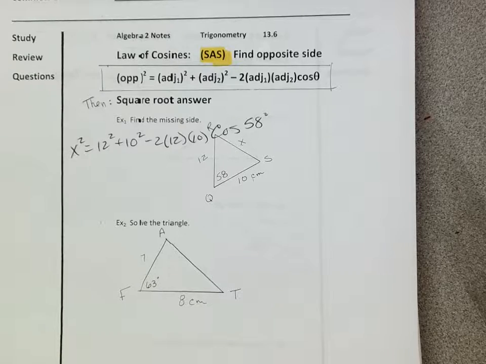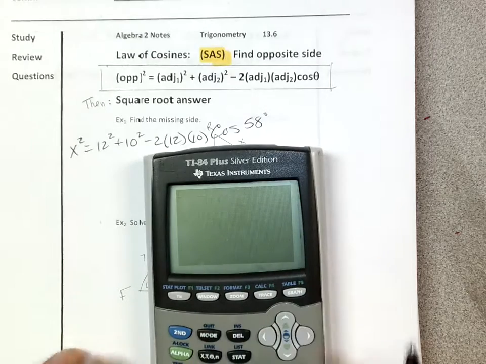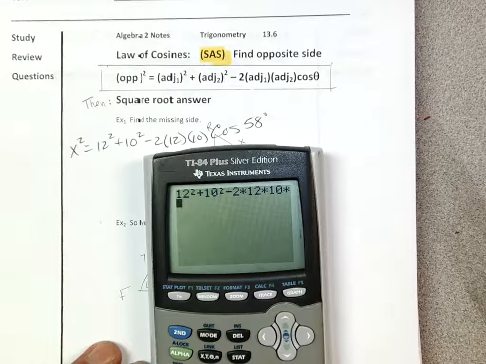Put in my calculator just like that. I can go 12 squared plus 10 squared minus 2 times 12 times 10 times the cosine of 58, okay? I get an answer.